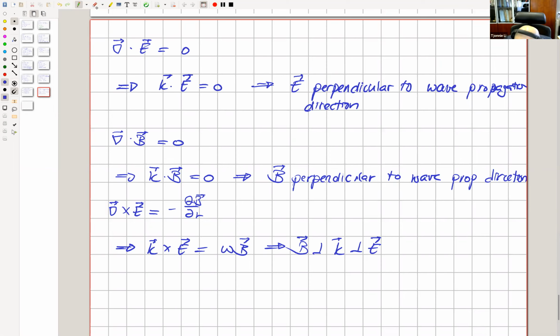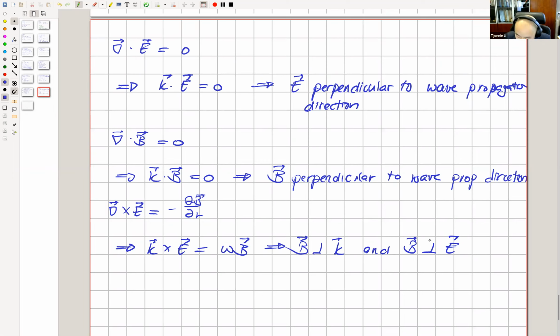Let me write this in a clearer fashion. So B is perpendicular to k and perpendicular to E, but I already know that E is perpendicular to k. And so now what do I have?